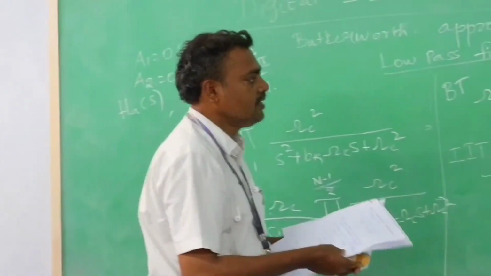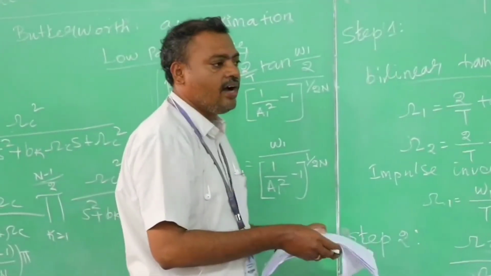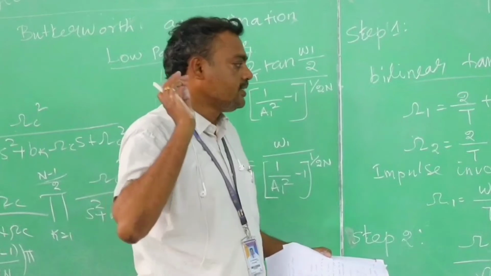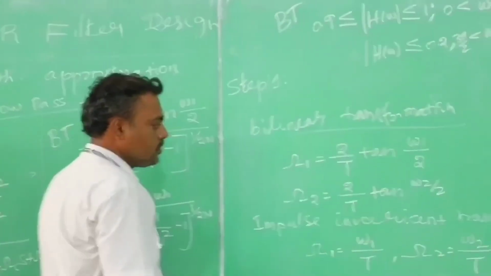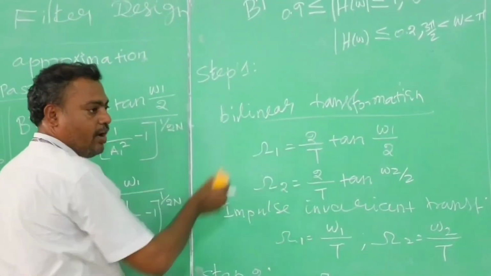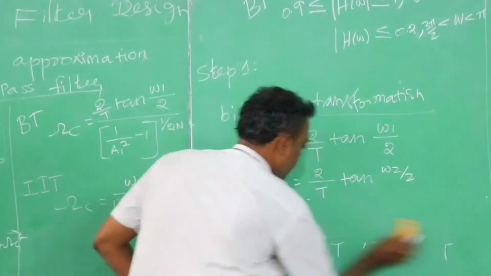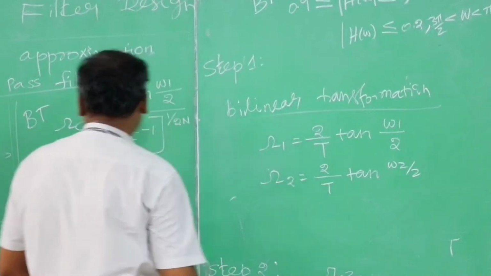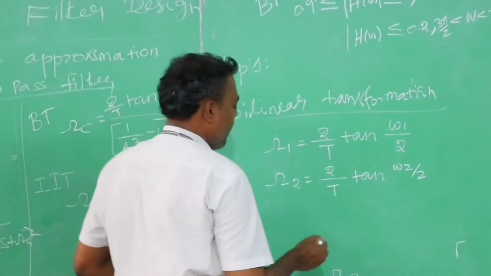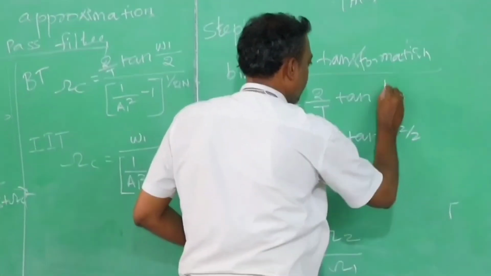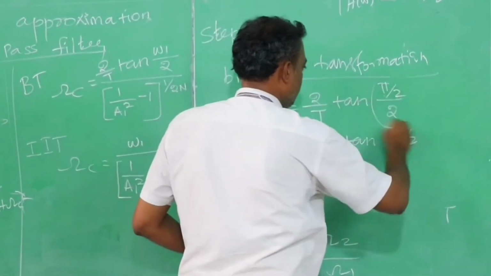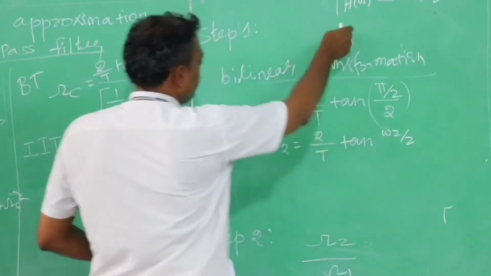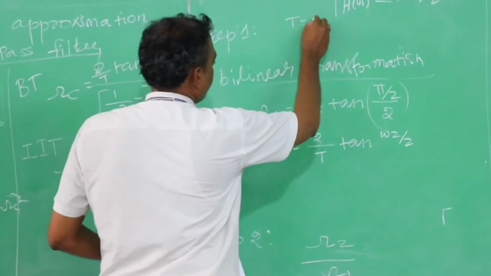The first step is to find the analog frequency from this digital frequency. Here the consideration is the bilinear transform, so you can apply these formulas. Here omega 1 is pi by 2, so you can substitute pi by 2. T is also given as 1.